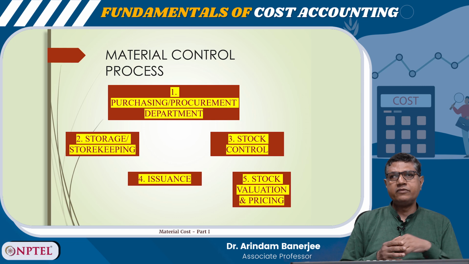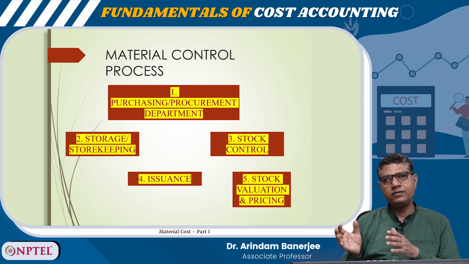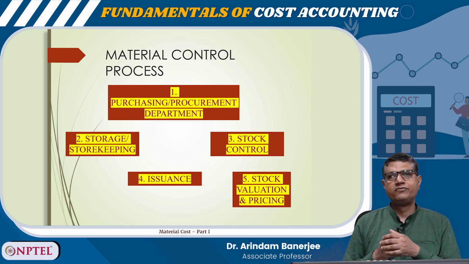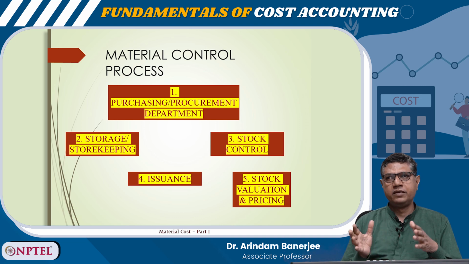And when the requisition comes from the assembly line for the tires, the store will issue the tires to the assembly line. In the assembly line, the tires will be fitted with the vehicles, and it will be rolled out.